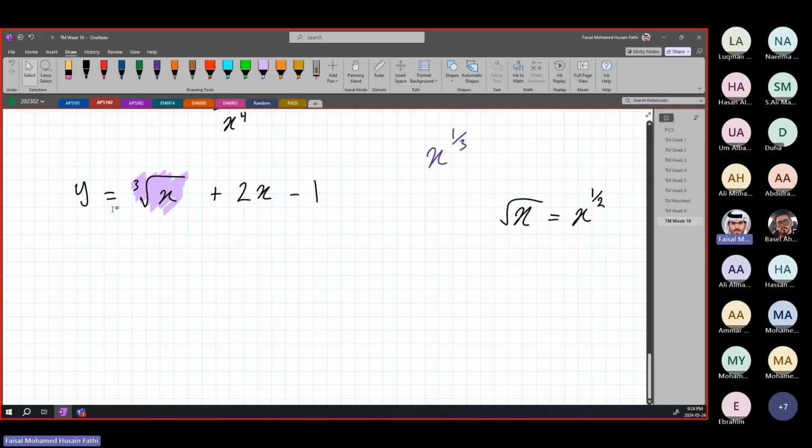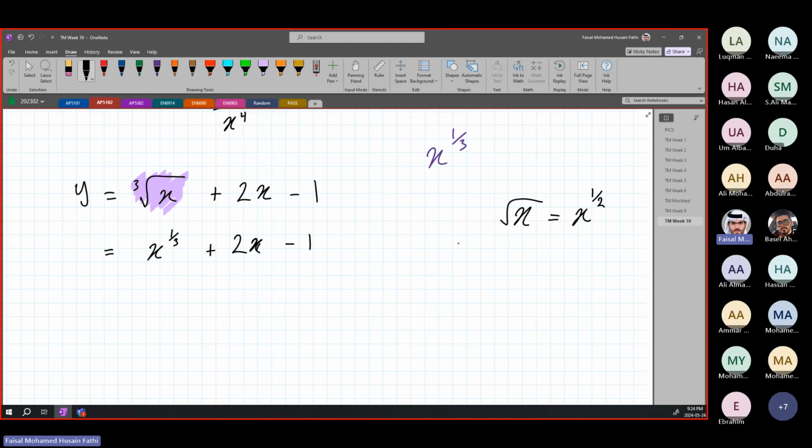All right? Remember, when you have a square root or a cube root or whatever root, no matter the size, it is simply just in this form. So always try to simplify it so that you have it in exponent form, because it makes it much easier to differentiate. All right? So it's x power 1 over 3 plus 2x minus 1.